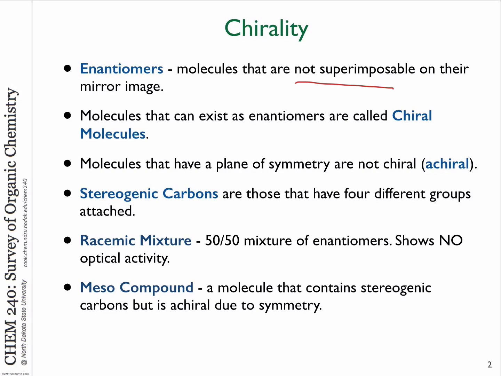So they are exact mirror images of each other, but they're not identical. They can't overlap. And those molecules that can't overlap with their mirror image structures are chiral. Okay, so the term chiral. Molecules which are identical to their mirror image structures are achiral.